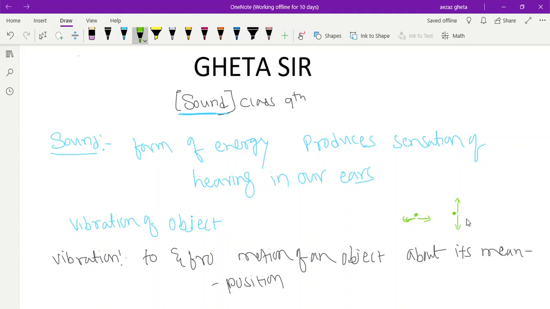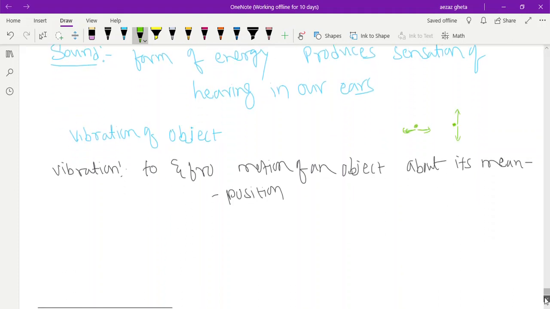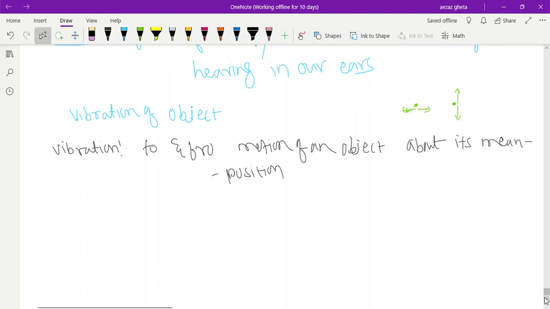See how sound travels. The main thing is that sound requires a medium to travel. That is a main important thing you should know. Before we go to the two types of waves, mechanical and non-mechanical, we will say what exactly propagation means.